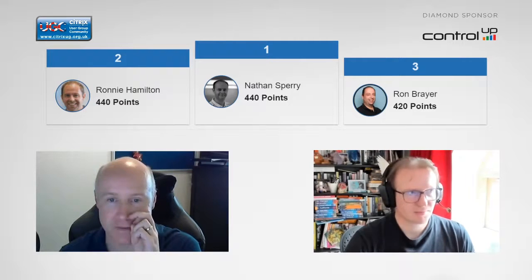So Nathan and Ronnie, hopefully you're both still with us. If not, one might win by default because they're not here to answer the question. If both are not here, then we'll split the prize between them, right? The way you answer this is in the community chat on the website.